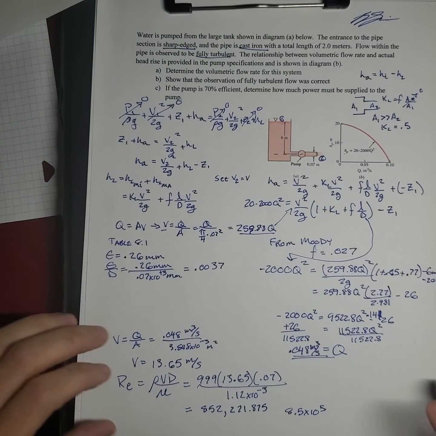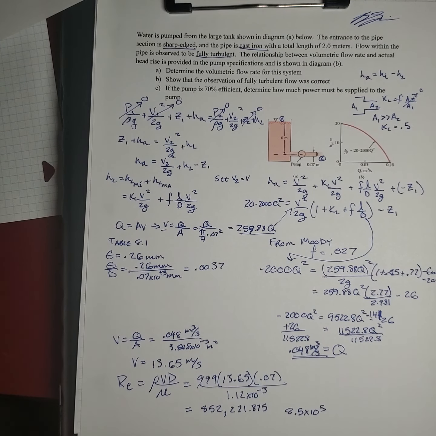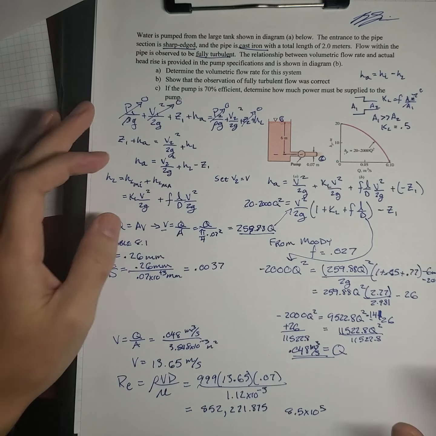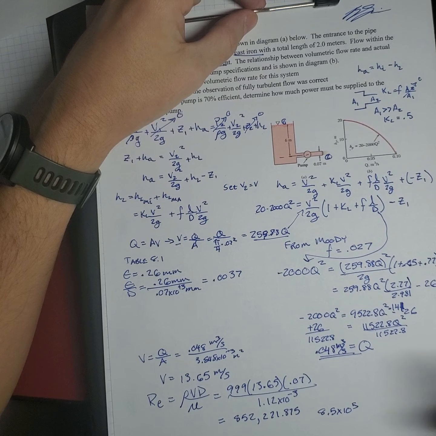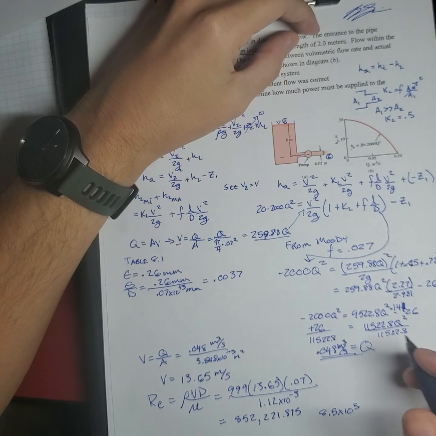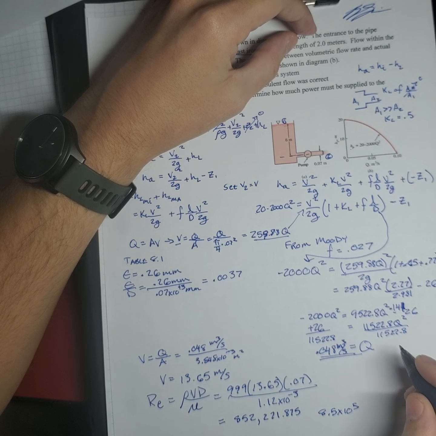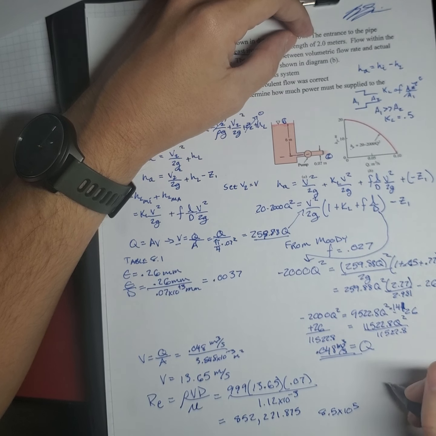All right. Now on to the efficiency of the pump. The pump efficiency, like many efficiencies, I think there's a different efficiency for like a refrigerator, where it's not the exact same positions on the ratio.